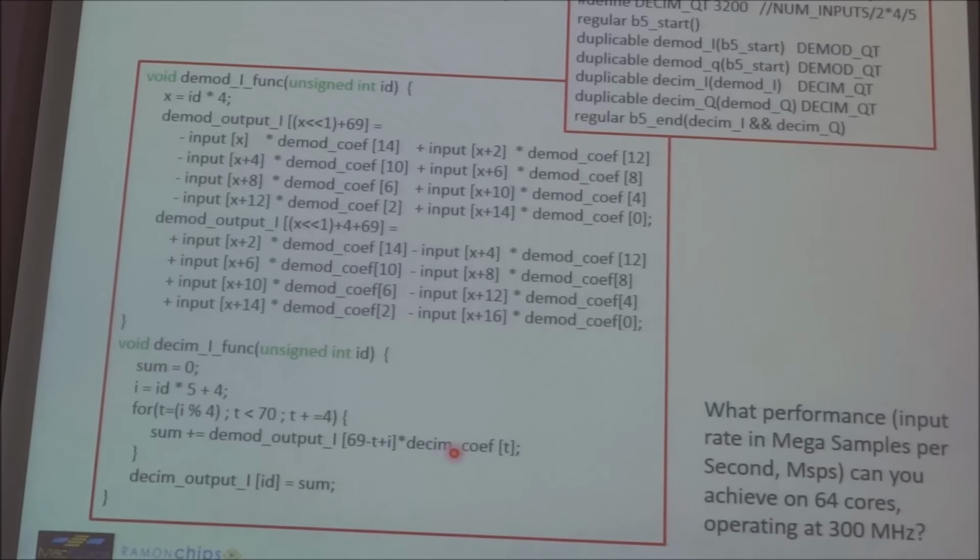By the way, as we compute the outputs, we take into account the fact that after the filter, the numbers will be decimated. Only every fourth number will be output. So we don't really compute the numbers that will be thrown away later on.